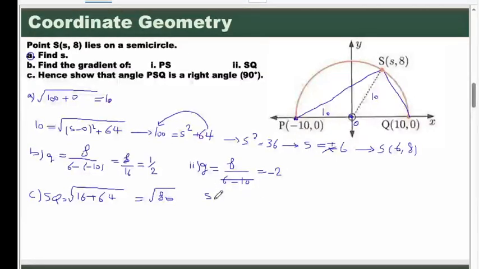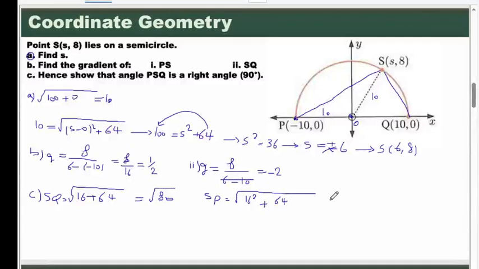So SP would be the square root of XS minus XP, which is 16 to the power of 2, plus 8 squared, 64. Okay, and PQ.